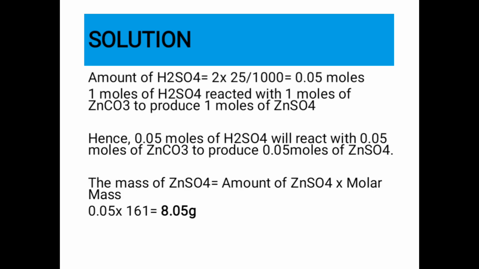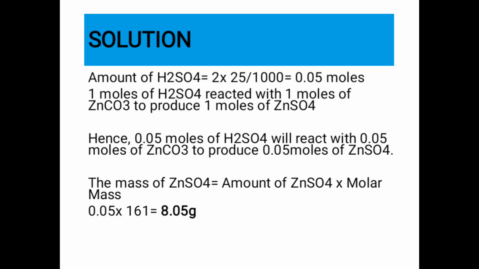So far in this lesson we have looked at percentage yield and limiting reagents, and how you can calculate for the limiting reagents. We have also looked at stoichiometric conversions: mass to mass, mass to volume, volume to mass, and volume to volume. So we have been able to extensively look at stoichiometry, mole ratio, and stoichiometric conversions.